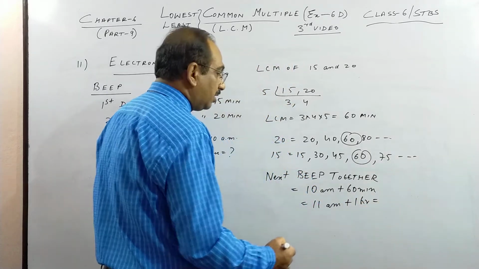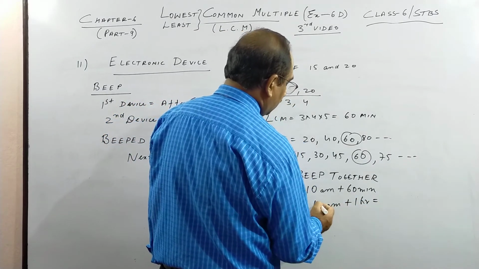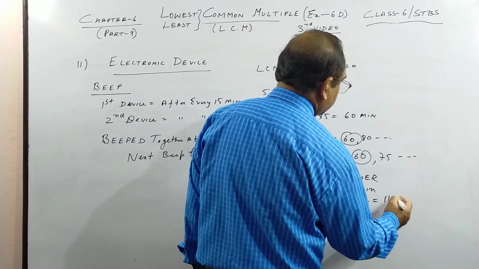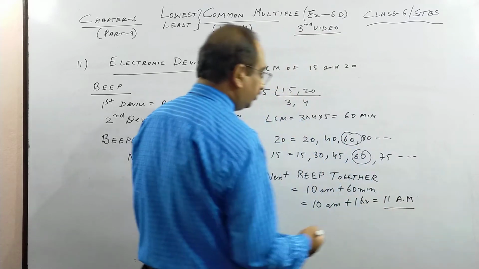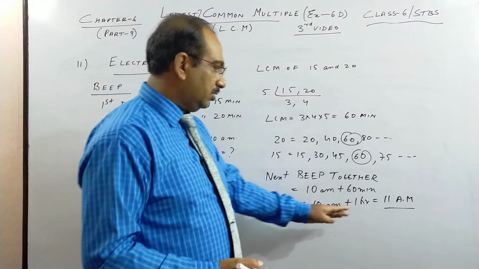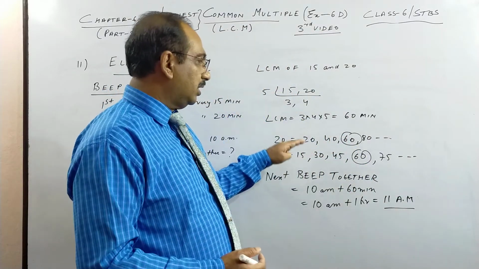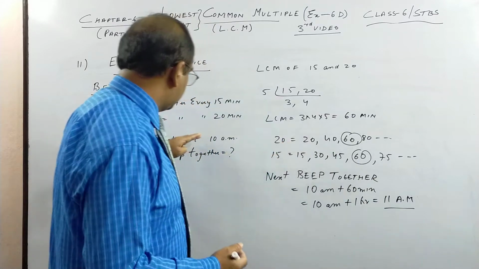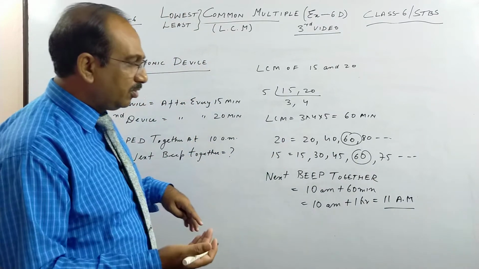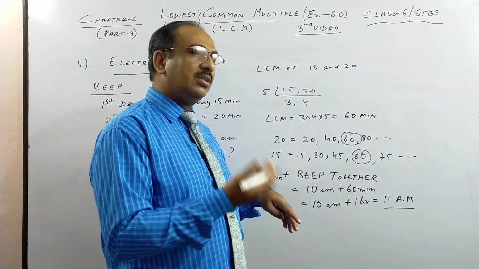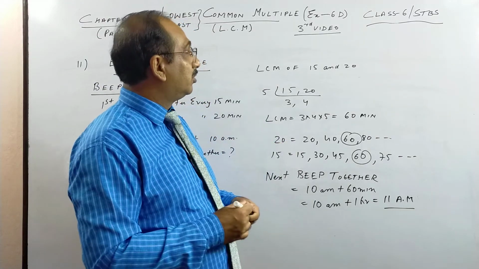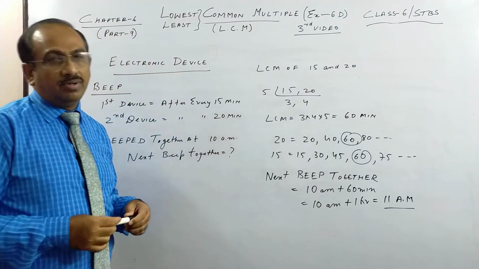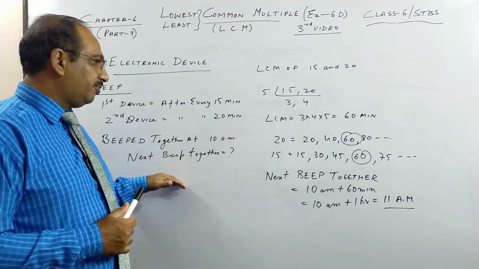So after 10 a.m., when you add 60 minutes, it will be 11 o'clock. So at 11 o'clock again they will beep together, both the devices. Then 12 o'clock, same way after 60 minutes, then 1 p.m., 2 p.m., like that. So a very interesting question, because I told you we will do some word problems on HCF also.